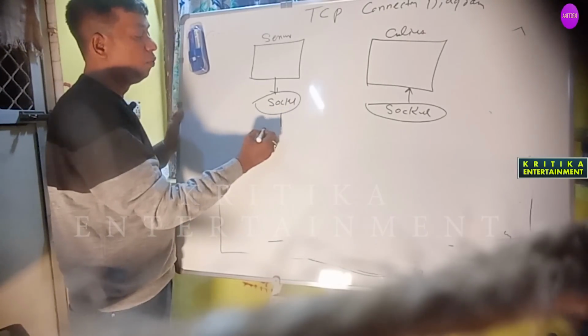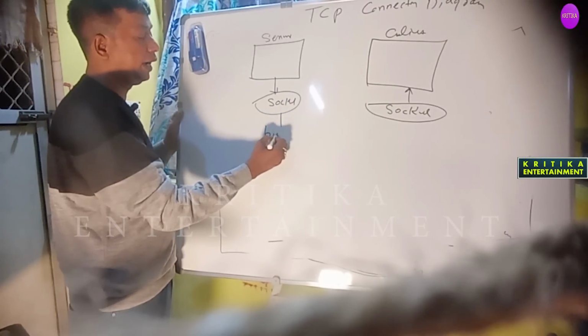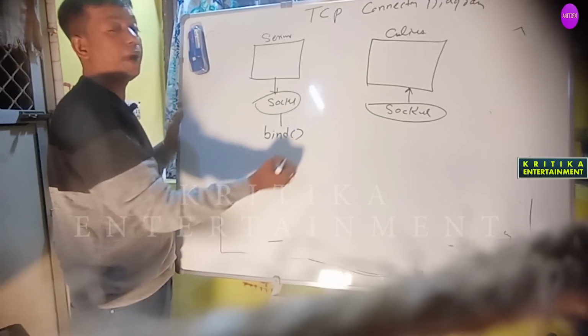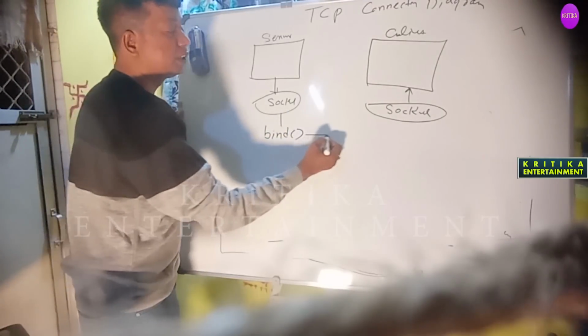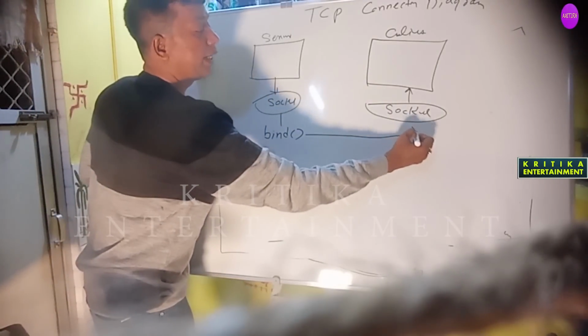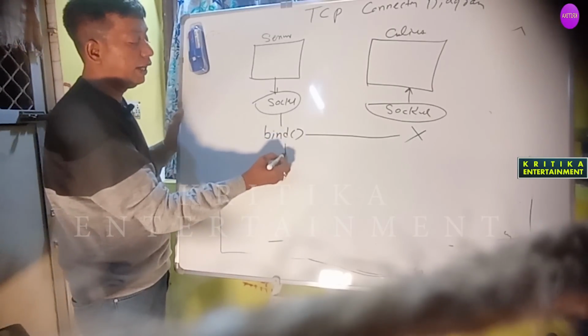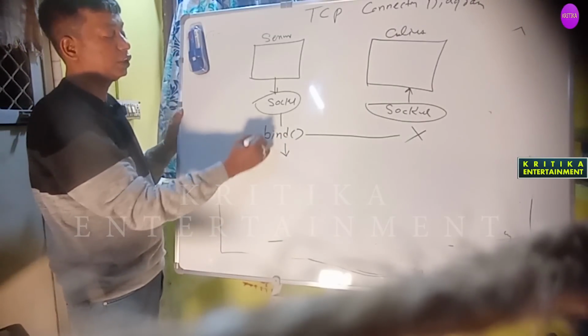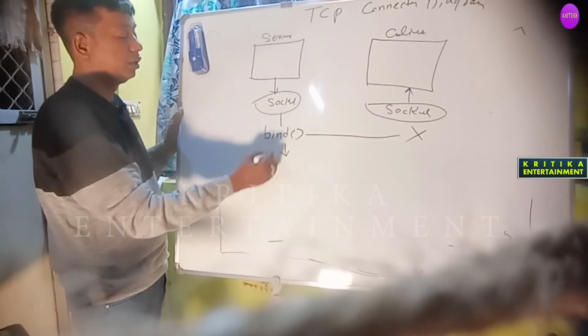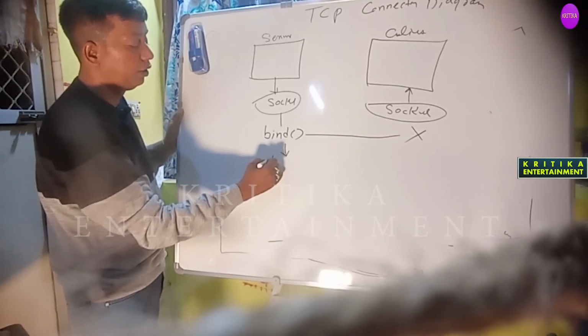Then what happens next? There is a function called bind. The bind function is on the server side, but on the client side there is no bind function. After bind there is another function called listen.